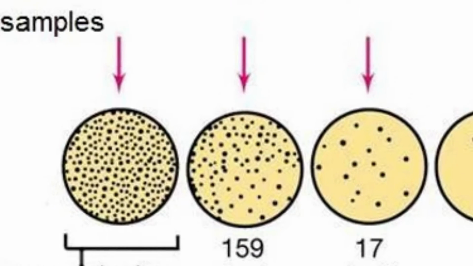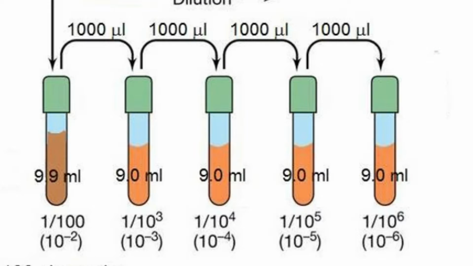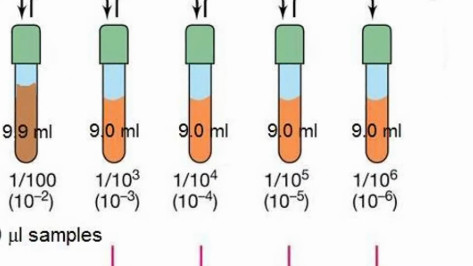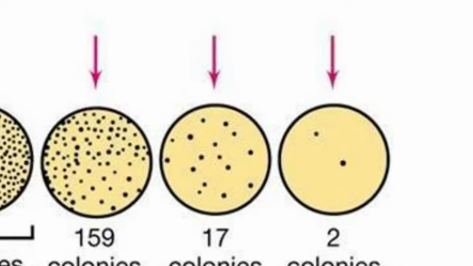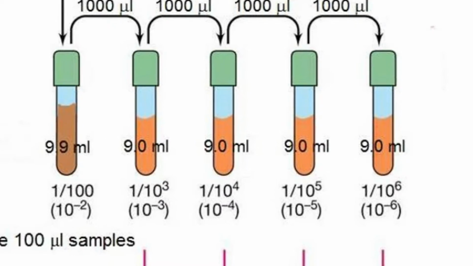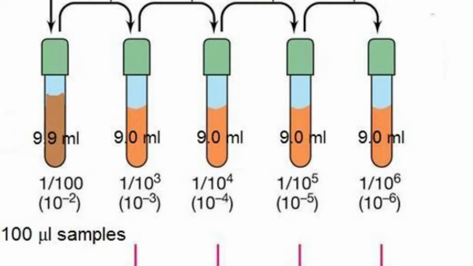So we do another 10 to the minus 1 dilution in order to get a plate that's countable. So when we do this, we end up with this series of dilutions. The first tube is 10 to the minus 2, then minus 3, minus 4, minus 5, and minus 6.